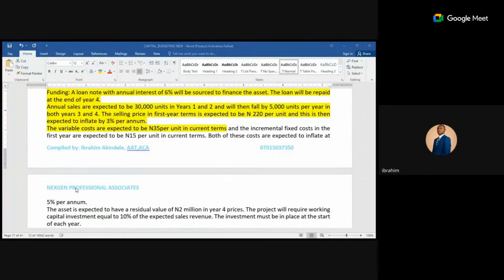Okay, let's do it this way. The variable costs are expected to be this in current term, which means that is the real cash flow. Both of these costs are expected to inflate. Now you will increase it by what? By 5% per year.